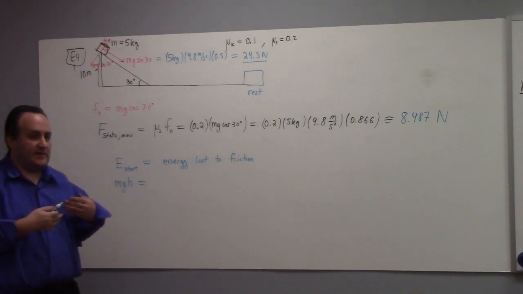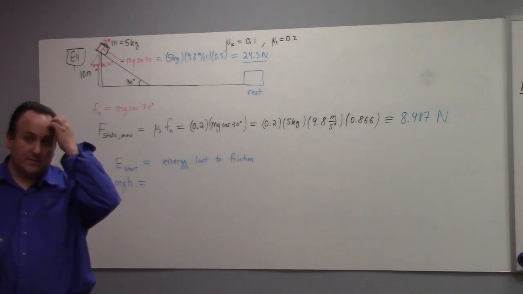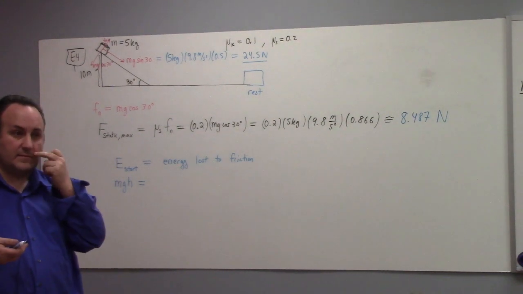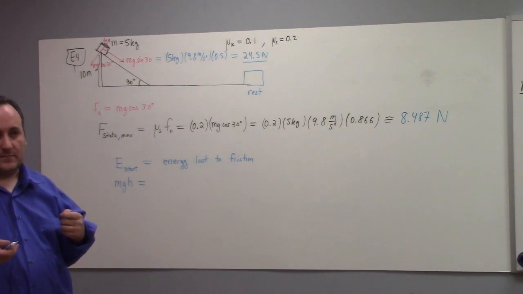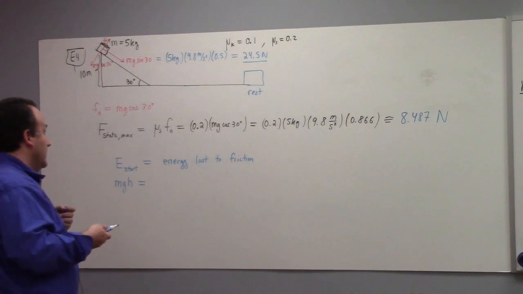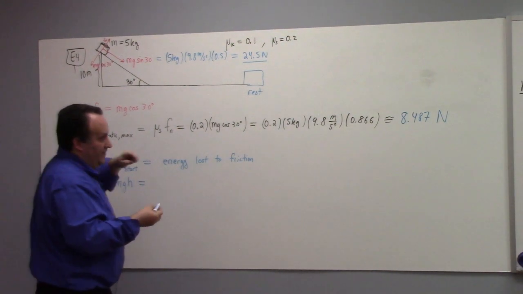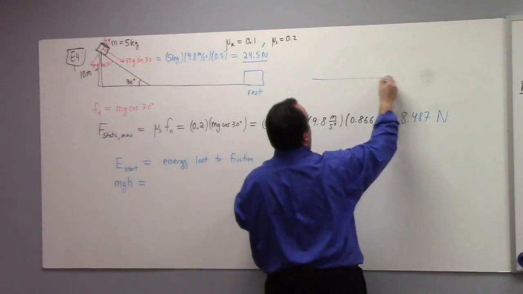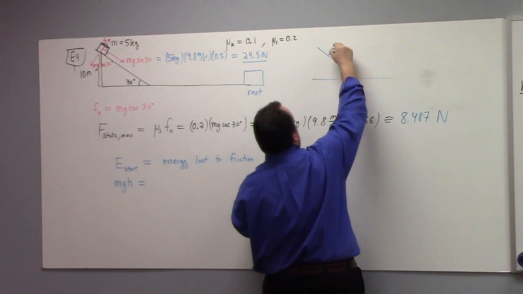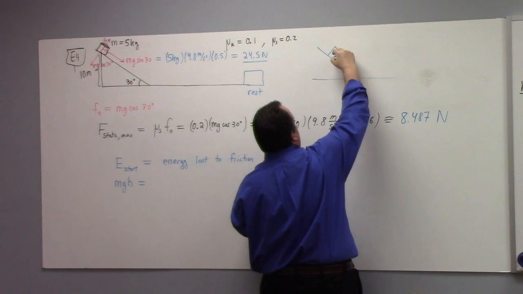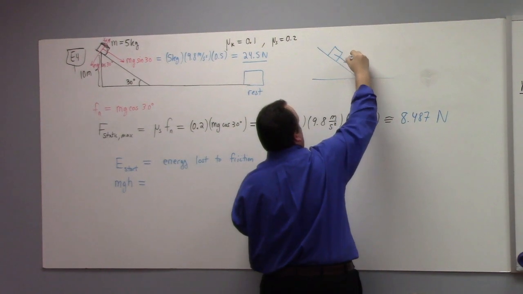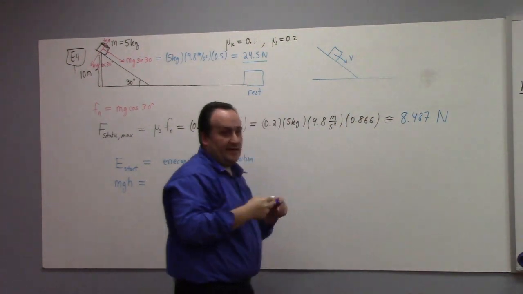And how do you calculate the energy lost due to friction? The good news is, in each case, if I draw a picture over here, the box is here, and the velocity of the box is like this. Where's the force of friction in that case?